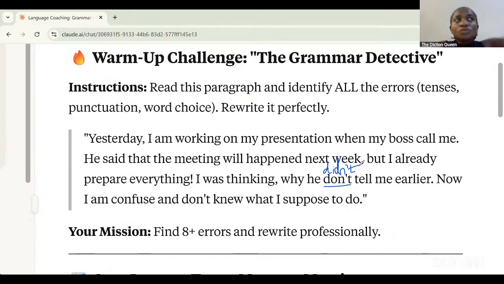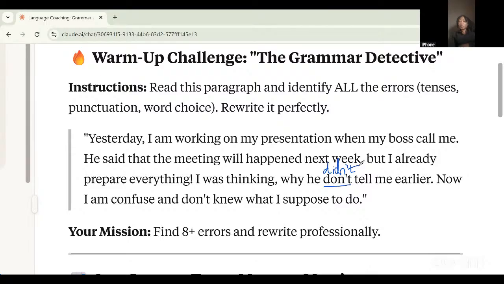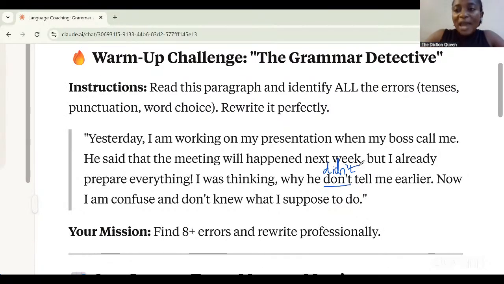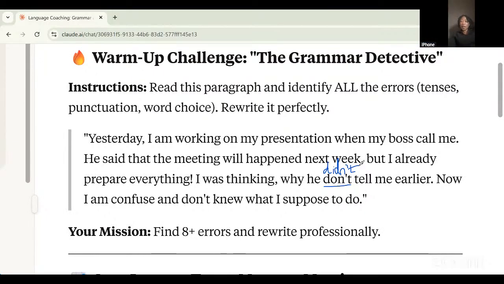Was tells you the thinking started yesterday, but the person is still thinking right now, at the moment of discussing with you or describing what happened or maybe writing to you. But if the thinking ended the same day it started, then the right tense to use is simple past. I thought. Why didn't he tell me earlier? So here we should have thought.